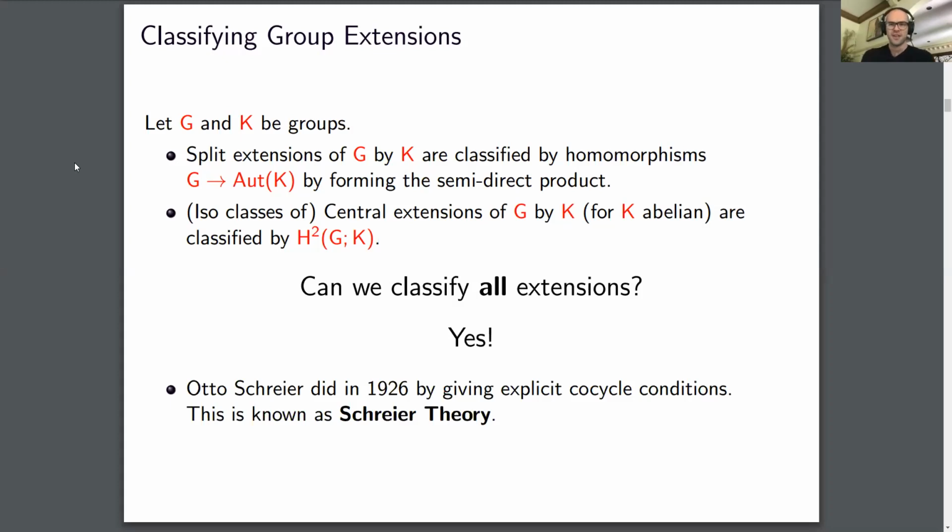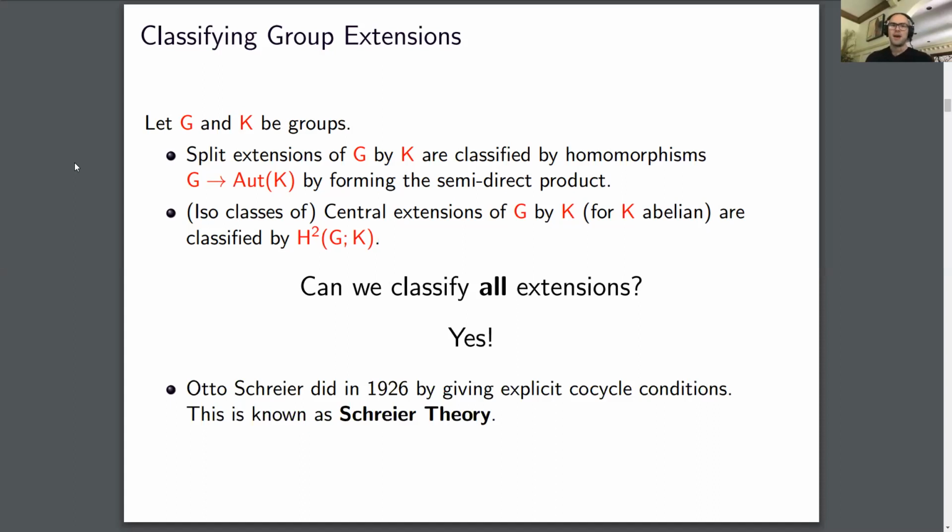Nearly 100 years ago, Otto Schreier did this. He classified all extensions, and he did it by giving explicit cocycle conditions. And so this has come to be known as Schreier theory. You might wonder, why is it called Schreier theory and not Schreier's theorem?